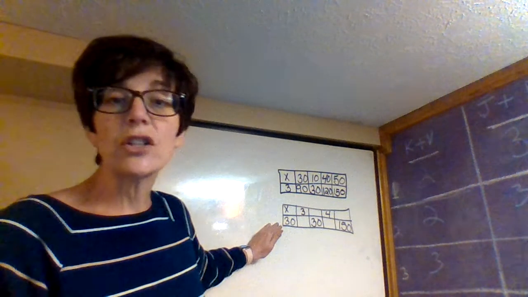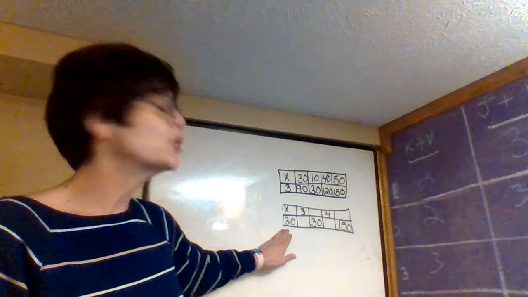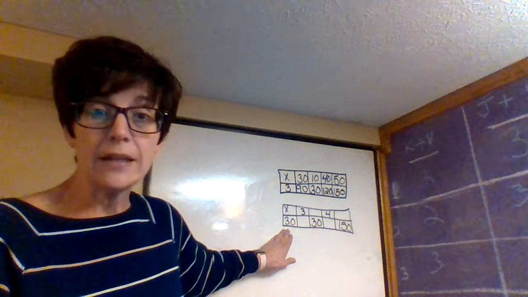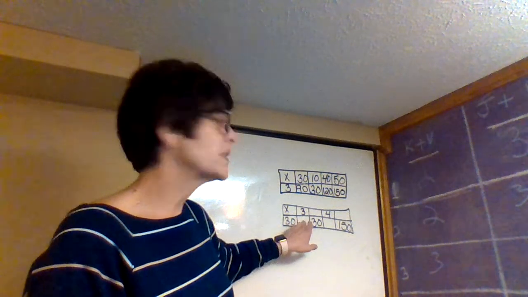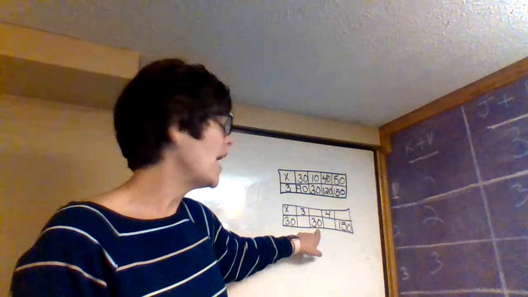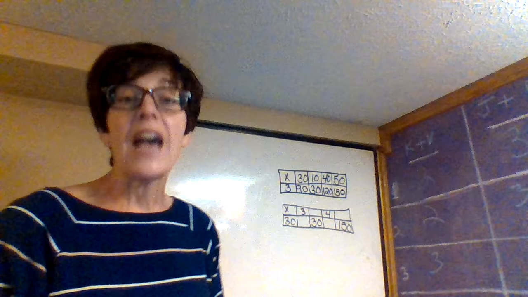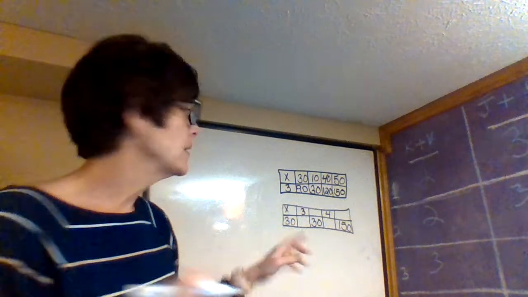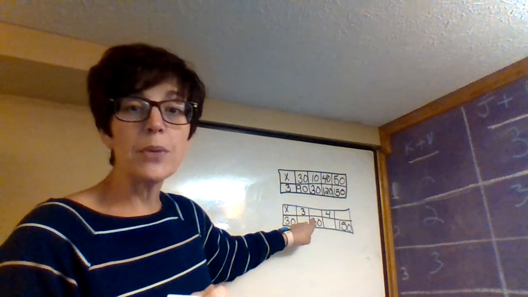Now, take a look at the second chart. The second chart looks very similar to the first chart, except that this one we're doing times 30. And this time we're going to fill in some of the products, or we might have the product and we need to fill in the other factor. All right, so the first one is 3 times 30, or 30 times 3.